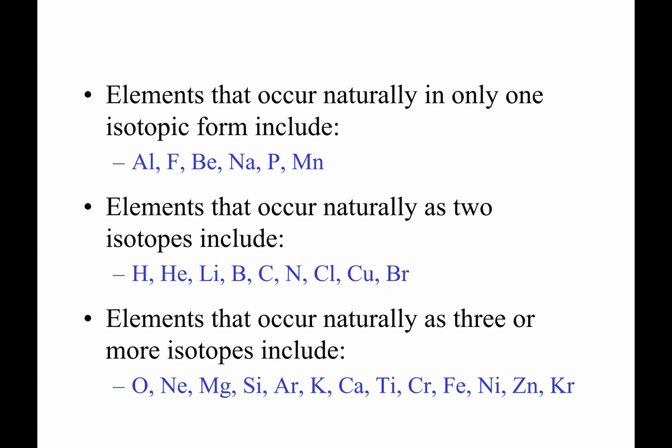Isotopes also come into play when we want to make sure countries aren't enriching uranium so that they can use it in military bombs. One isotopic form of uranium is nice and unstable, so you put it in a missile and you can make a nuclear bomb.